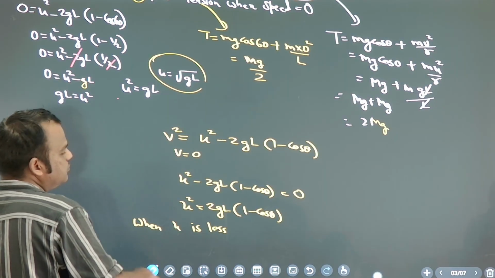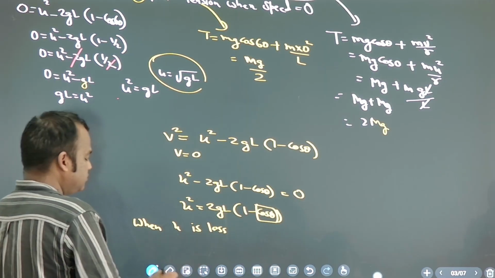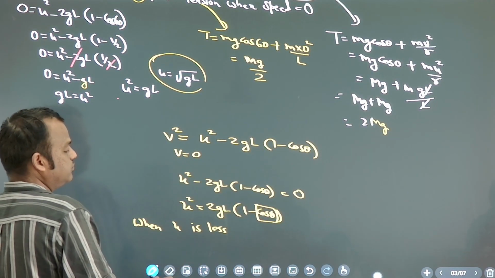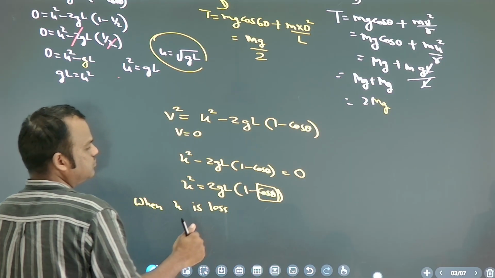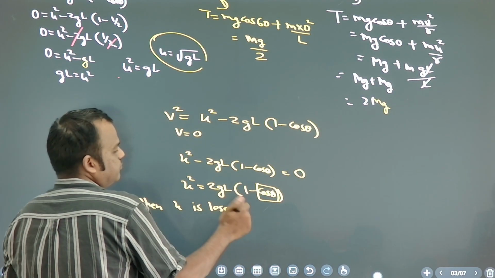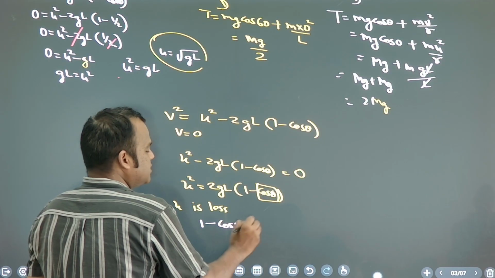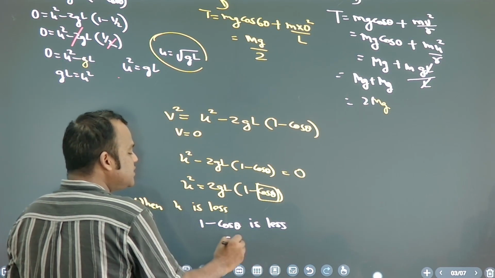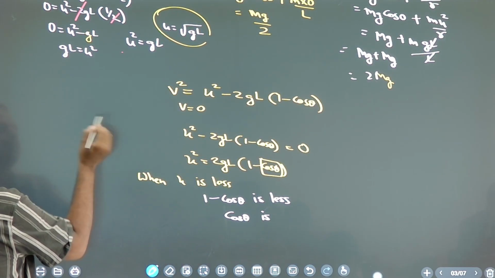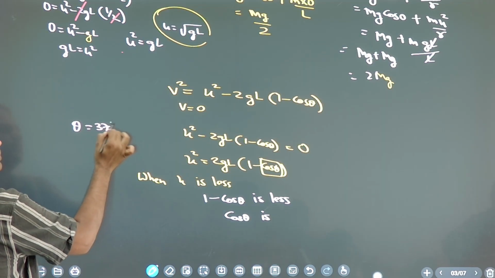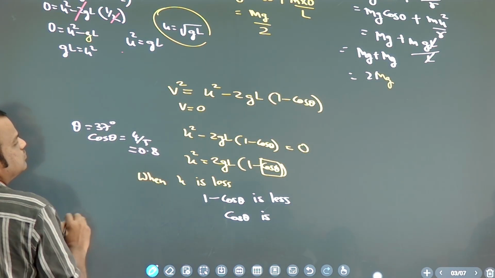See how, U is less means cos theta less or more? See, 1 minus cos theta. U is less means 1 minus cos theta is less. So cos theta is, you answer this. Theta is equal to 37°. What is cos theta? 4 by 5 means 0.8.